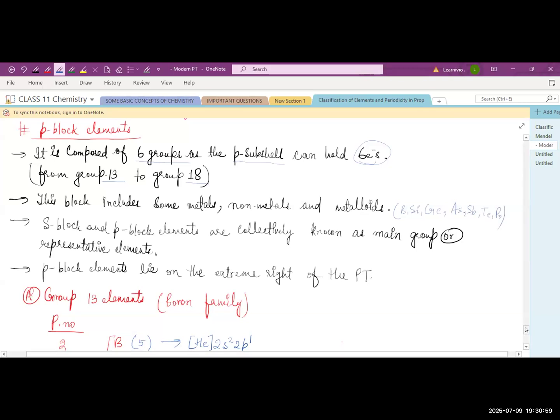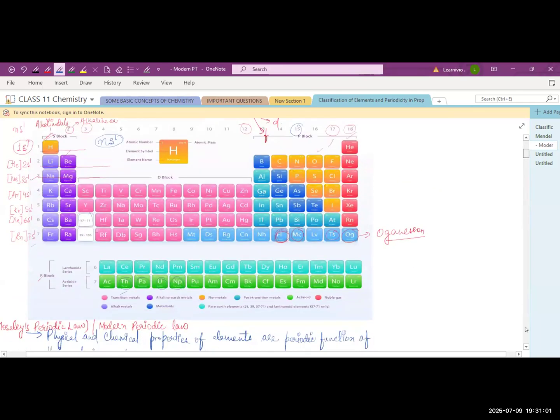See this periodic table, it will be more clear. From 13 to 18 are the p block elements, composed of metals, non-metals, as well as metalloids. You can see the metalloids here: boron, silicon, germanium, in dark blue color.